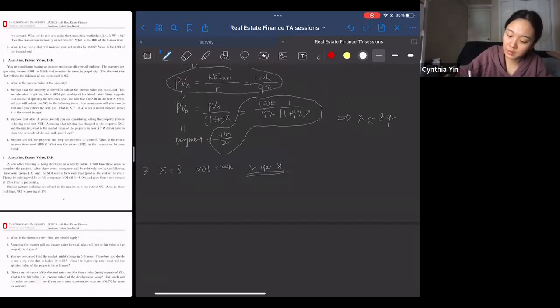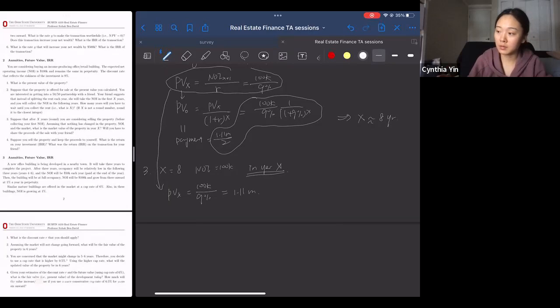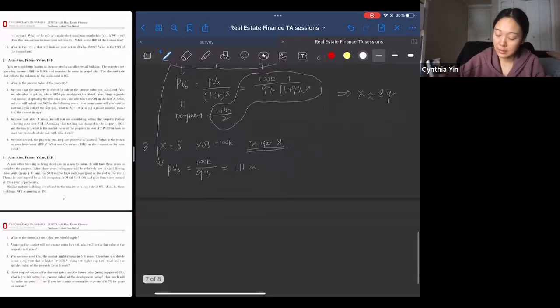PVX equals NOI X plus 1 divided by R. So PVX is just 100K divided by 9%, and it's still 1.11 million. You don't need to discount it back to today because he's not asking about the present value today, it's asking about the value in year X. So it's very simple actually, the same answer as the first question.